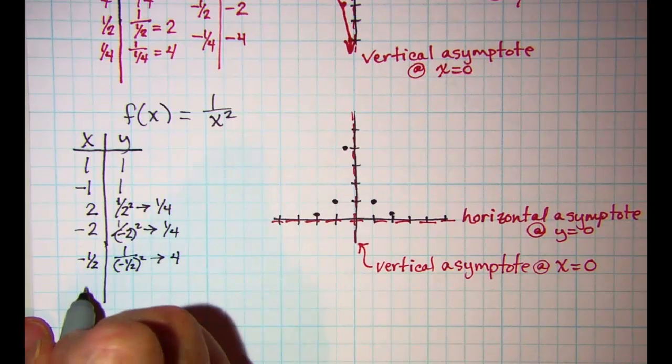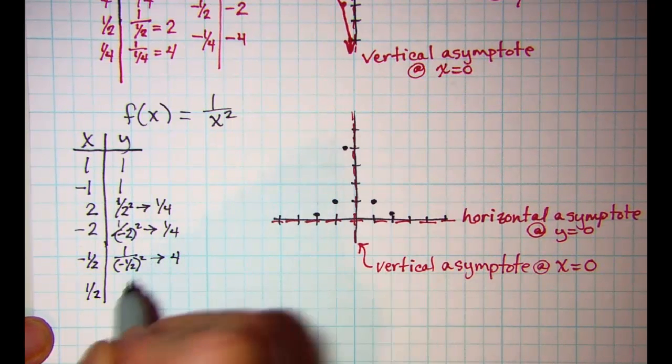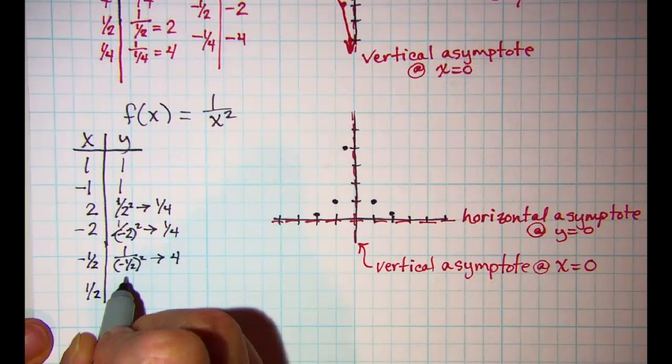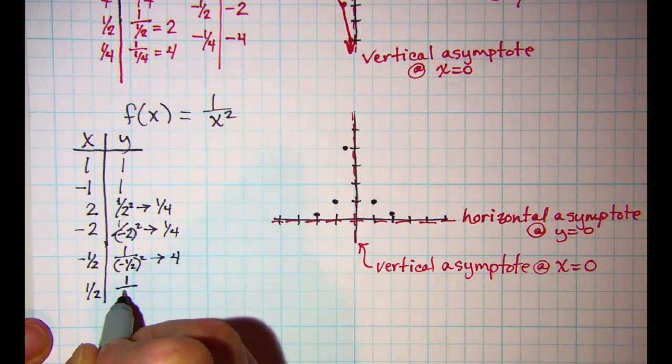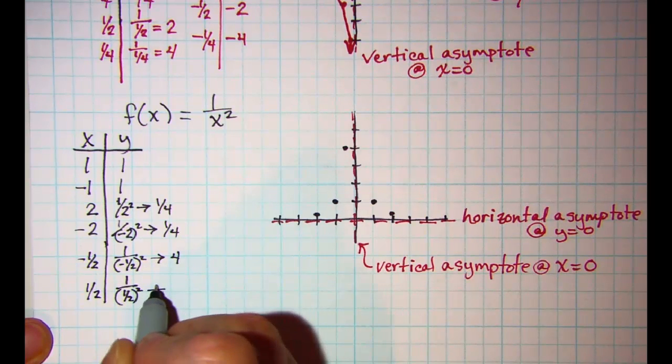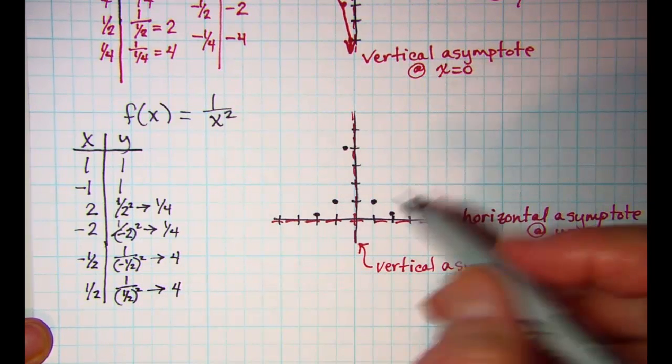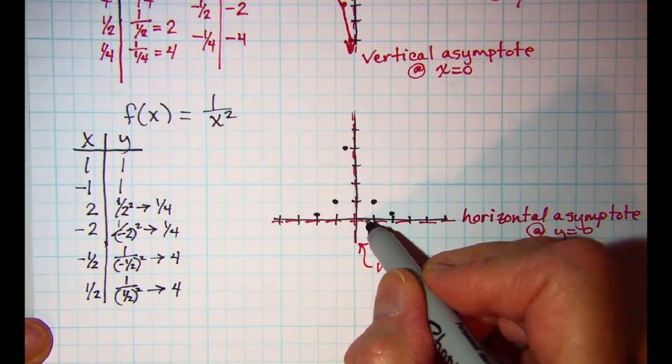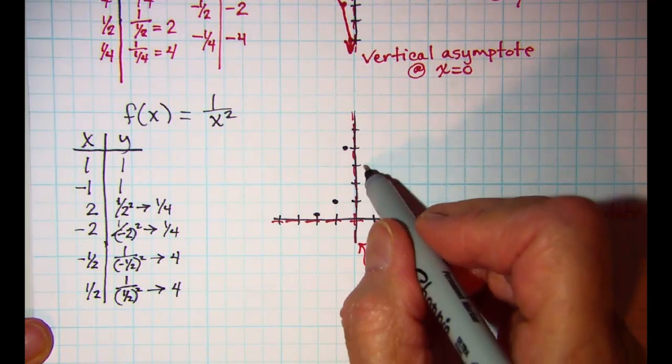And also, let's do positive 1/2. When x is positive 1/2, I have 1 divided by positive 1/2 squared, which will still be a positive 4. So when x is positive 1/2, y is 4.